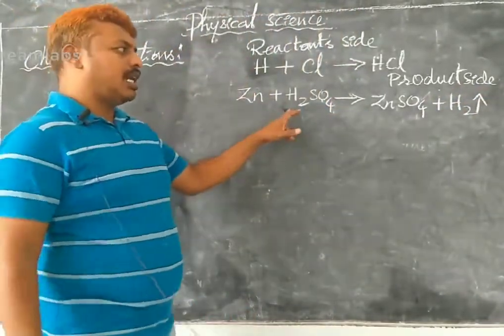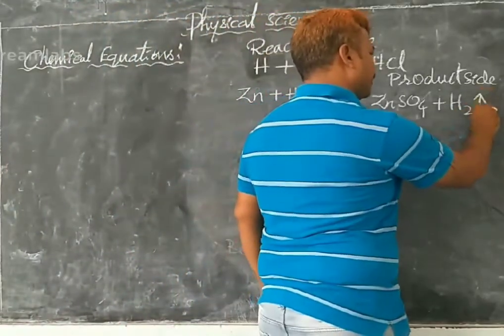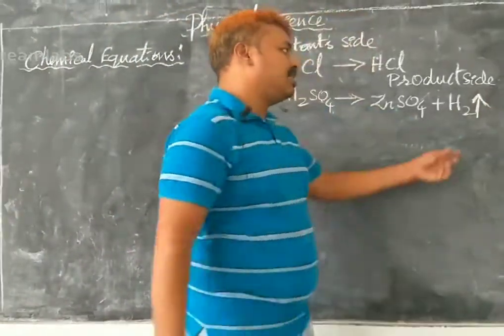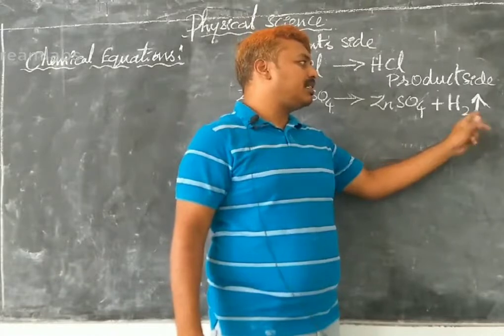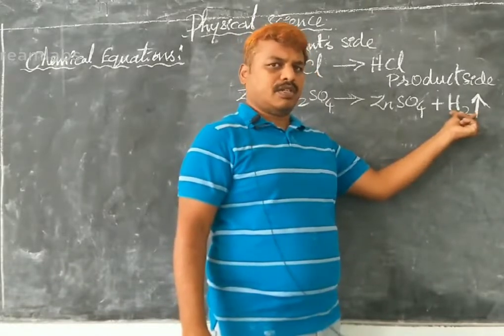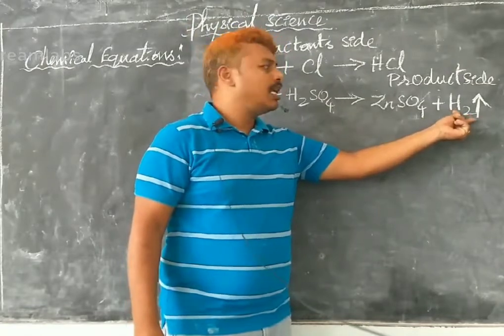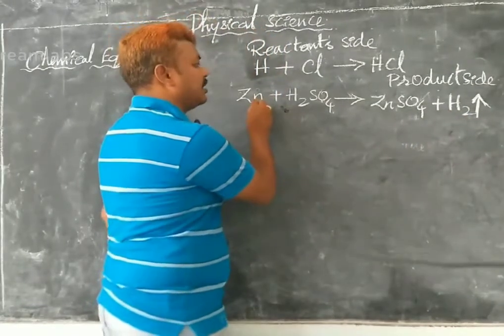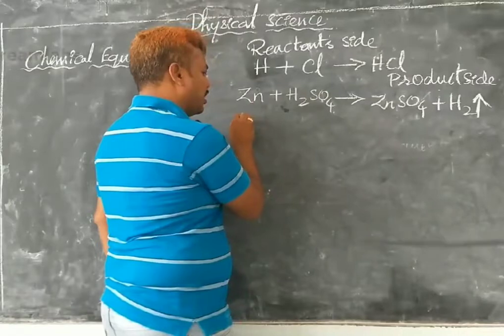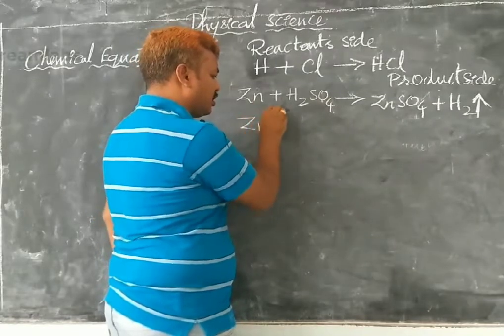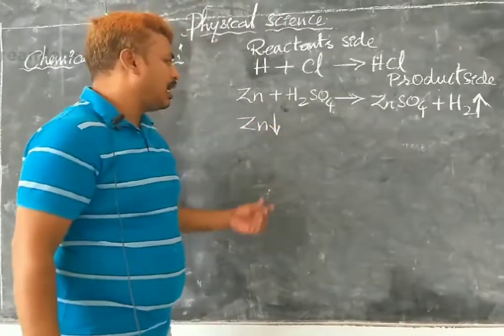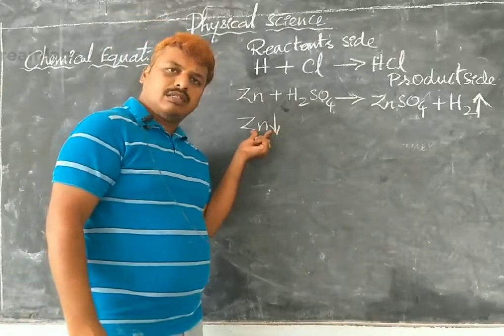You can see here I have put arrow marks. This arrow mark represents gas. When I place a down arrow next to Zn, this represents a solid.